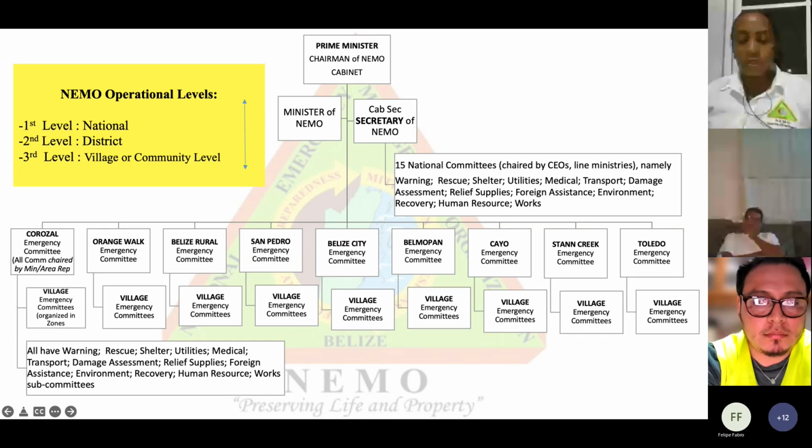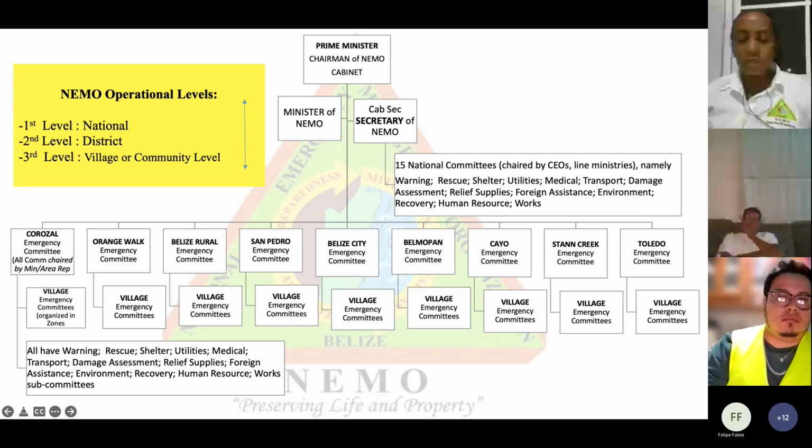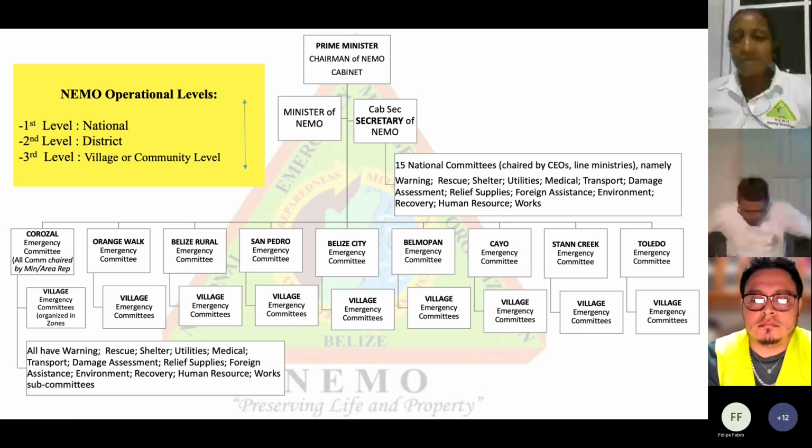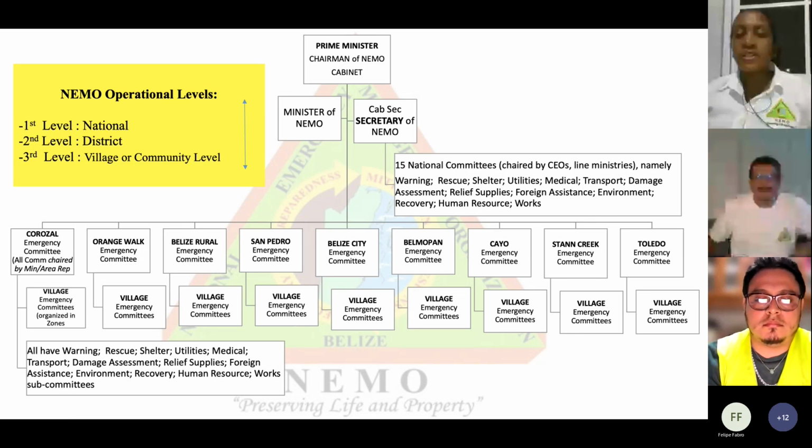And the reason I say that is because two committees, maybe, and Kenton can help me with this, the Foreign Assistance Committee at the district or at the village level would not need representation just because of their specific function. So maybe at the district level, you'll have representation from maybe about 13 committees, all right? And these include every single function that is needed in emergency management, all right?